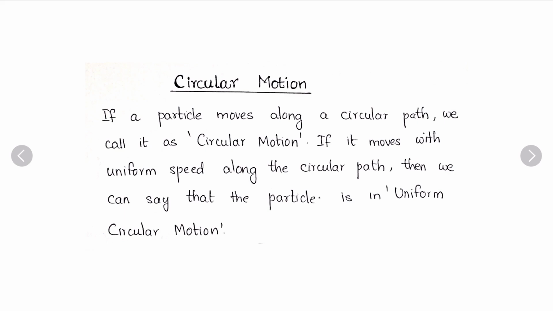Many things move in circles. So when something is moving in circles, we call it circular motion. And uniform circular motion is nothing but when it is moving in a circle, if it follows a uniform speed along the path, we call it uniform circular motion.